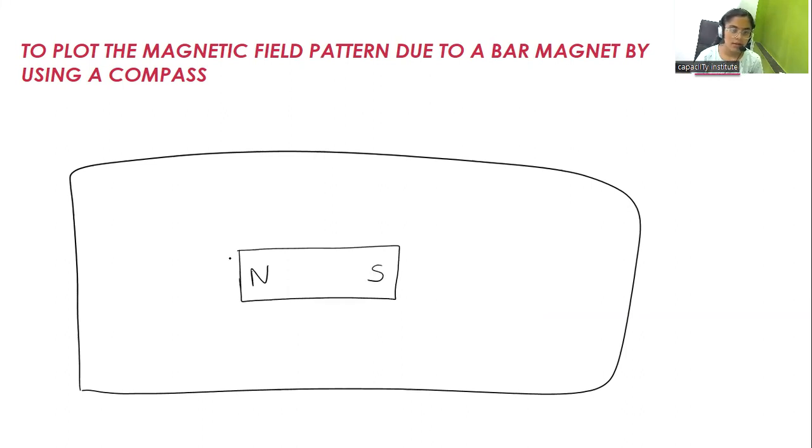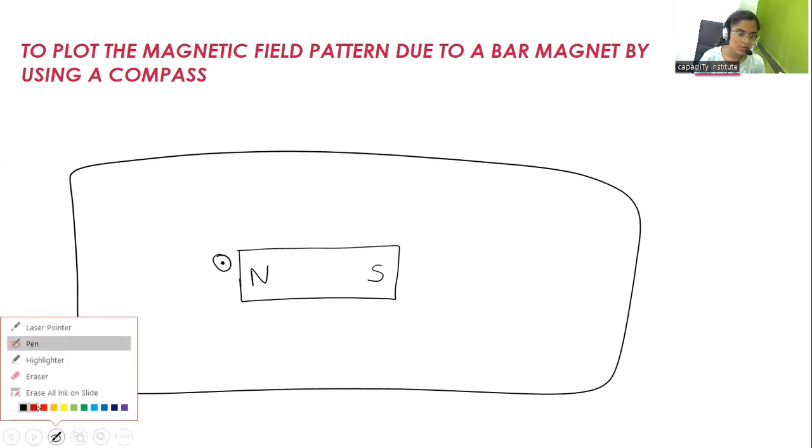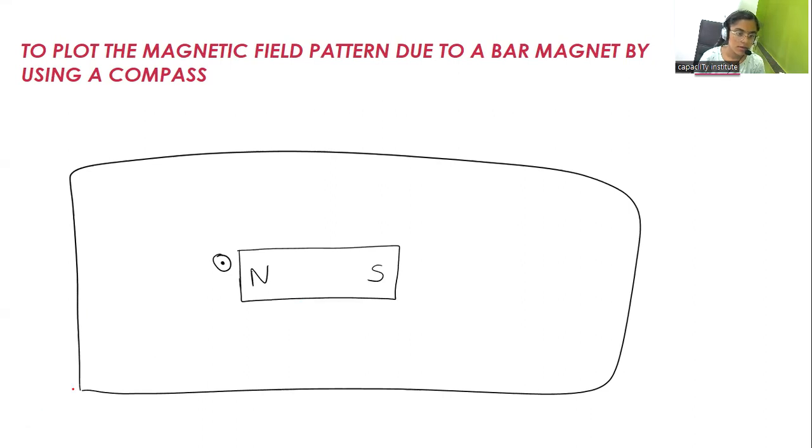Now, at this point, place a compass. If you place the compass here, it shows the deflection towards this point. Mark the point. If you place it here, it shows the deflection here. If you place it here, here, here, here.